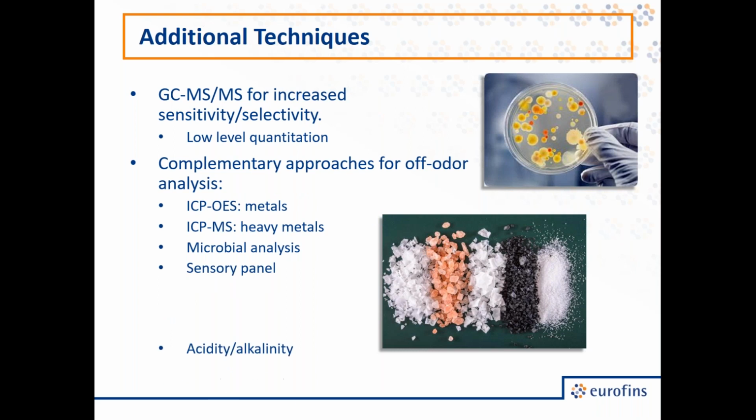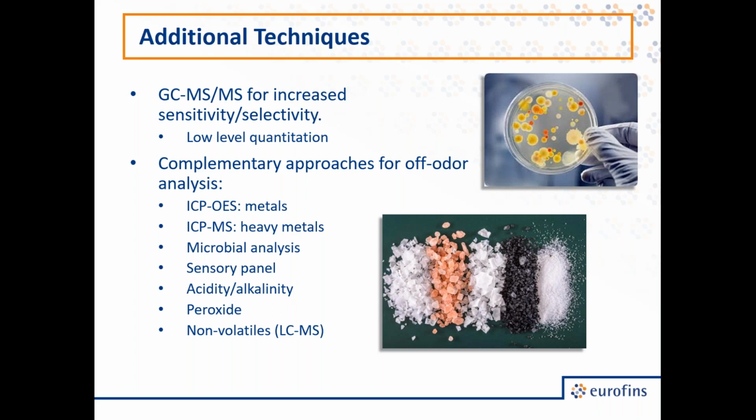And then additionally, there are many other characteristics that we can look at for off-odor analysis, aside from GCMS. These can include looking at metals or heavy metals content using ICP-OES or ICP-MS. We can also look at microbial analysis, where we can investigate the types of species that are present and the general amounts to look for differences between samples.